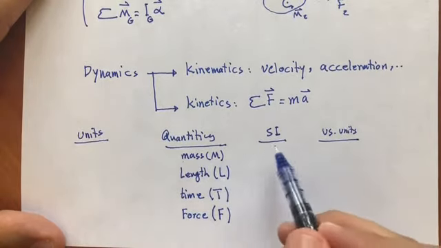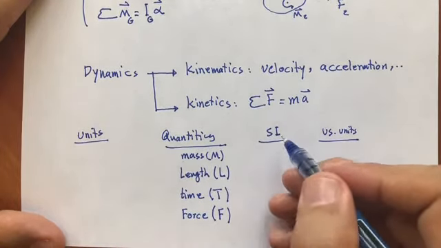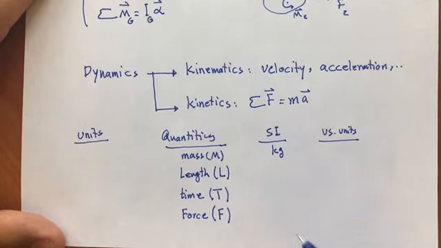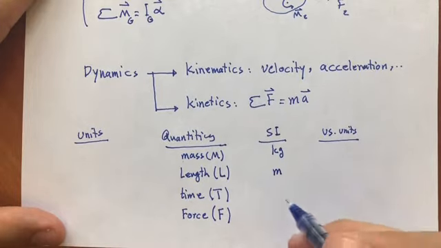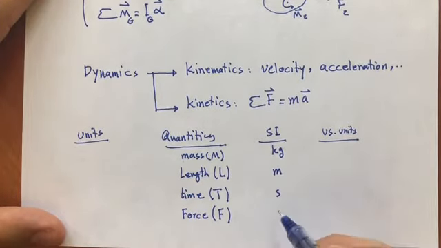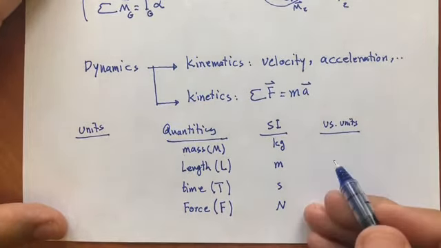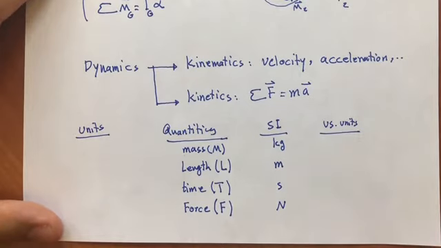So for the mass in the standard units, we use kilogram, and we use meter for length, and we use second for time, and also we use Newton for force. So these are the units that we usually use in standard format.